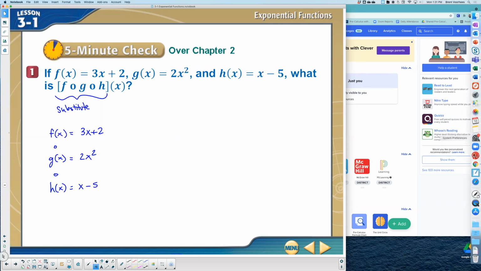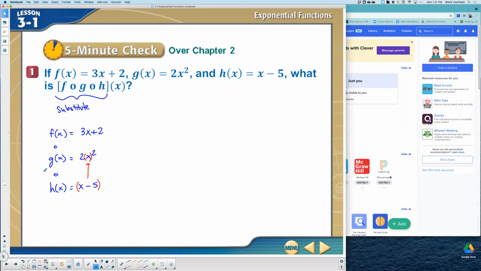So what I'm going to do in this problem is substitute. And we substitute from the bottom and work our way up. When you substitute, you always substitute into the value of x. And like athletics, as I've said a lot of times this school year, anytime we substitute, as one value enters in for another, the other leaves the problem. It's like it's leaving the game if you think in terms of athletics. So on this particular problem, I'm going to substitute x minus 5 in for this x.